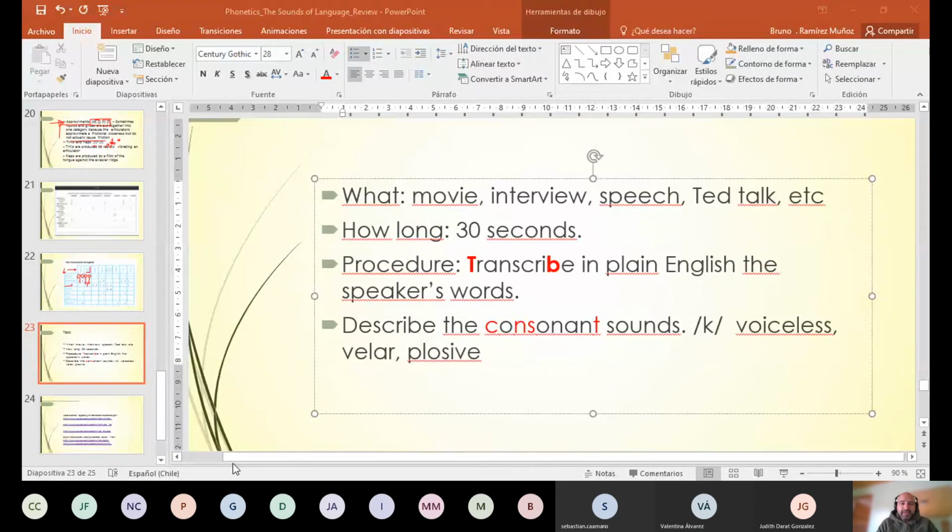You can add closed captions or subtitles to the video, but it's not mandatory. Okay, thanks. You're welcome. Good question, by the way. Any other question in English or Spanish?